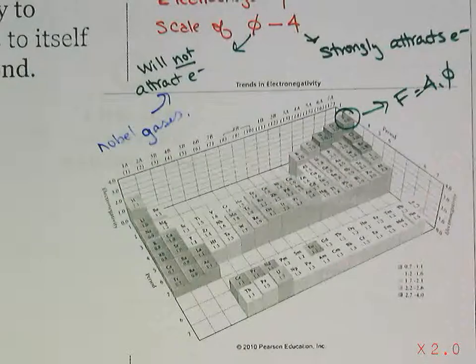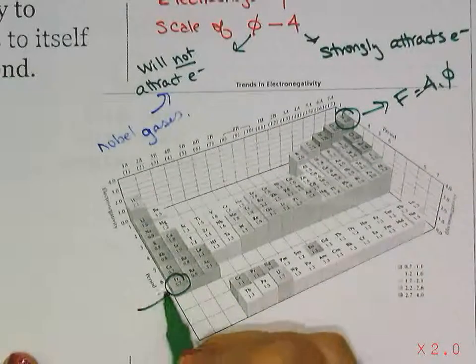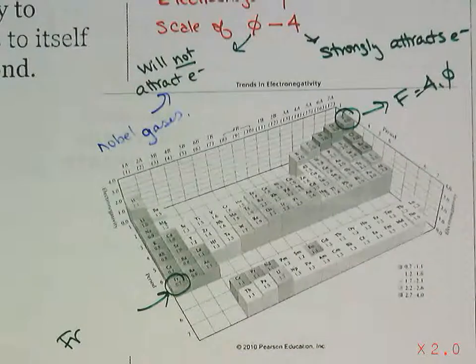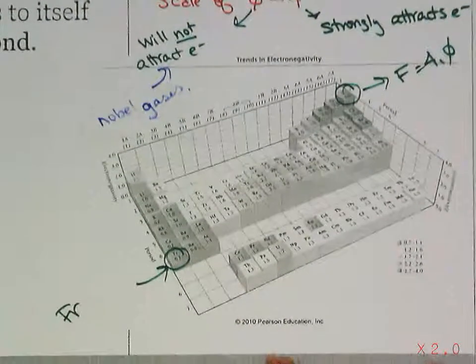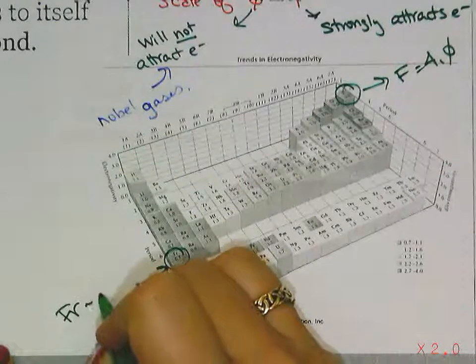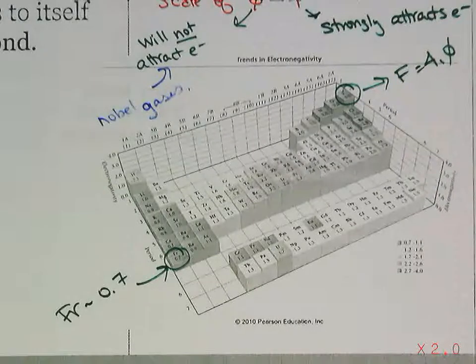They're at the 0 end. All right, and then this guy down here, FR, francium, is around 0.7 on the scale-ish. It has a very low ability to attract electrons to itself.